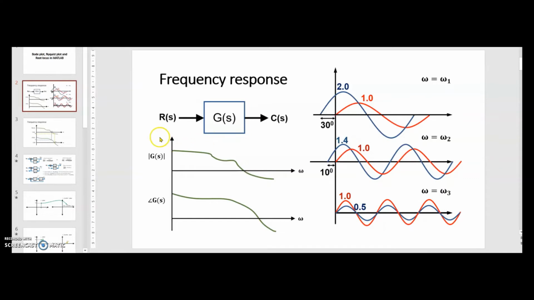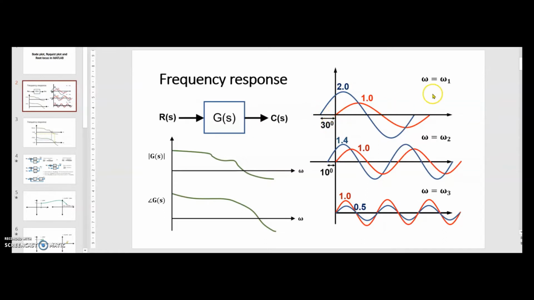Now if we are giving some input R(s) and we are getting some output C(s), so let us say we are giving a sinusoidal input to this system, shown by this red color, having frequency omega 1, and correspondingly we are getting this output which has magnitude 2, and the phase shift of the output with respect to input is 30 degrees.